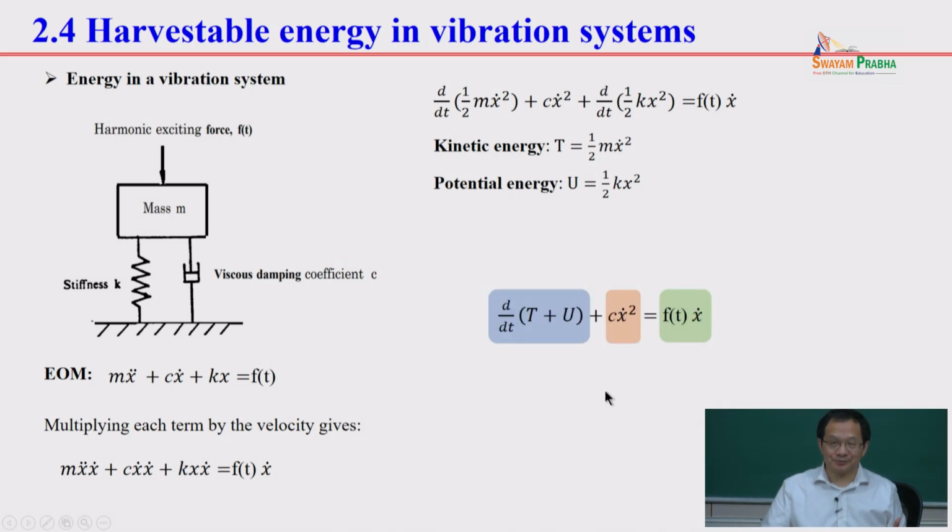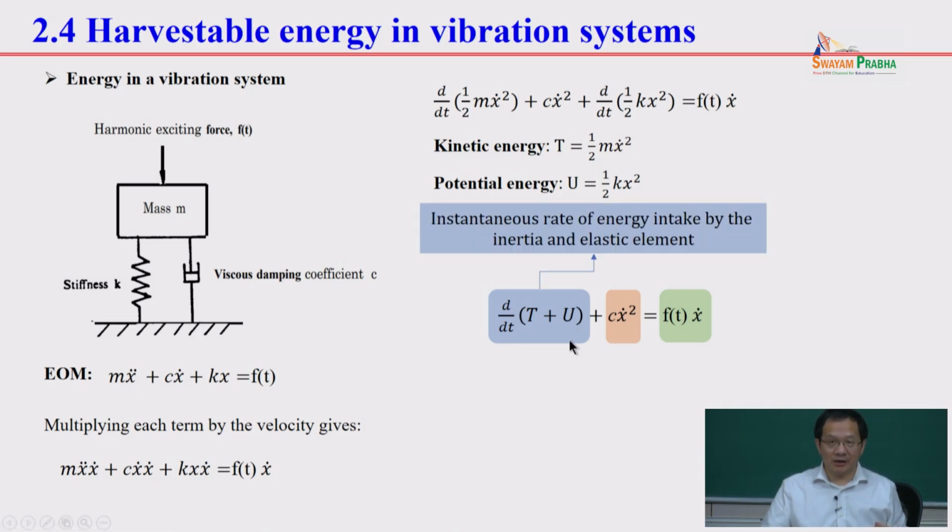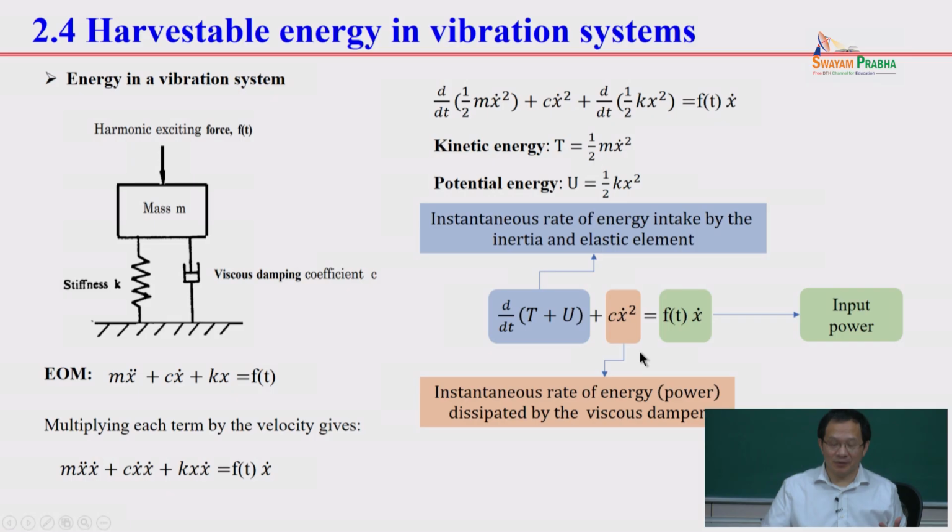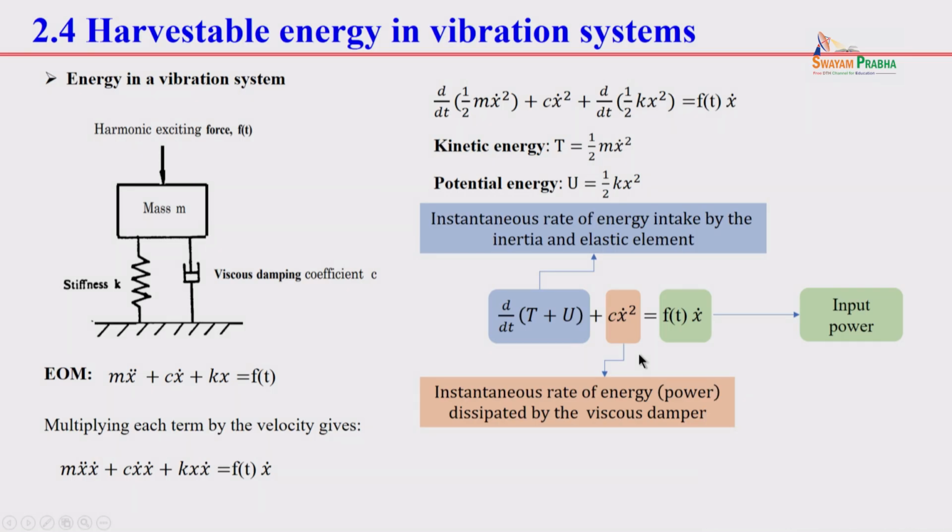That means the input power to the system has two parts. One is the potential energy and kinetic energy change, T plus U. Another is the damping term, the power dissipation from the viscous damper. Therefore, think of it this way.